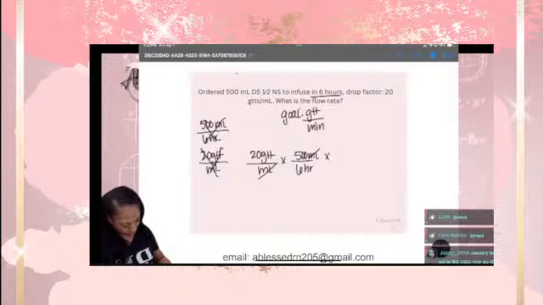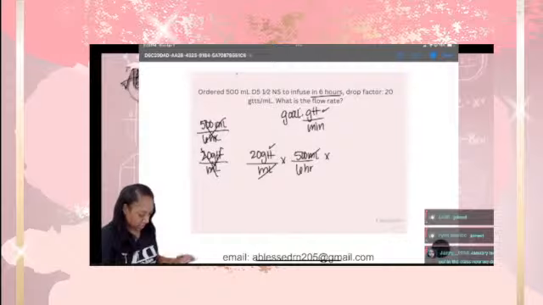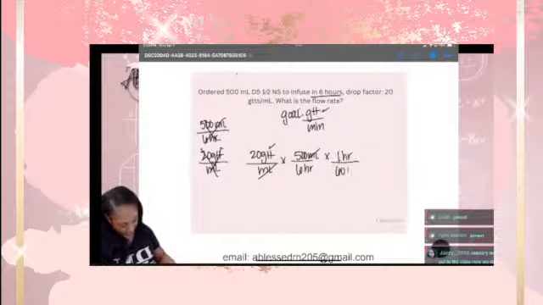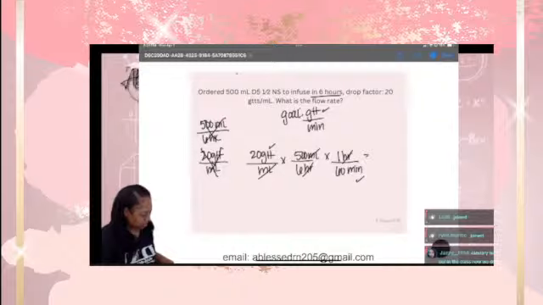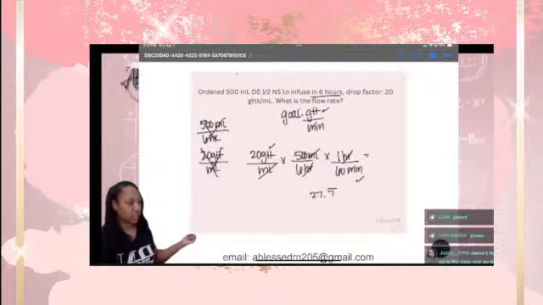So now we started with what we're looking for. We've got drops on the top. We need to get to minutes. So we'll do 1 hour is 60 minutes. Hours crosses out and you've got drops on the top and minutes on the bottom. So 20 times 500 divided by 6 divided by 60. I got 27.7 repeating.